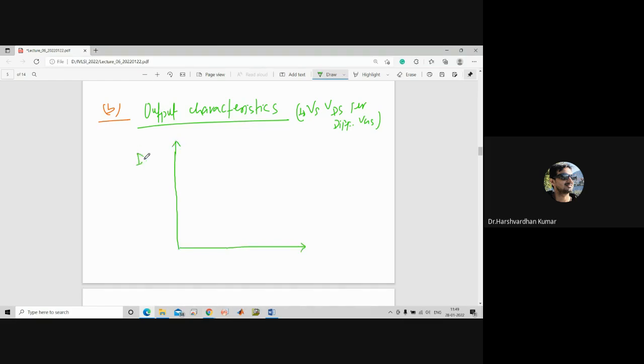Again here it will be ID in milliampere, and here we will vary the VDS in volt. So let us say here 0, 10, 20 milliampere, 30, 40, 50 and so on. Let us say this is 60. Here we will draw the characteristics.